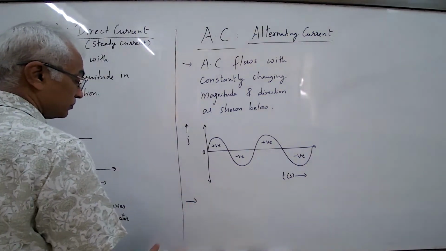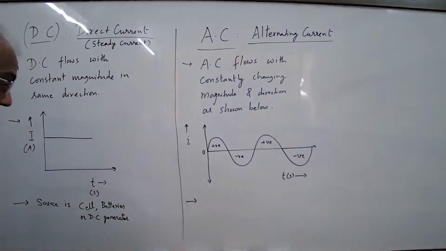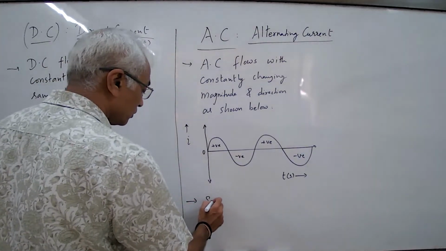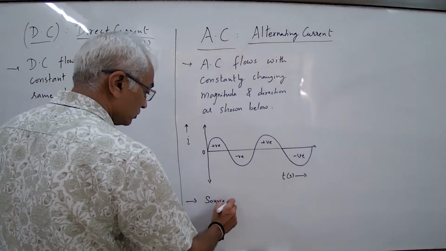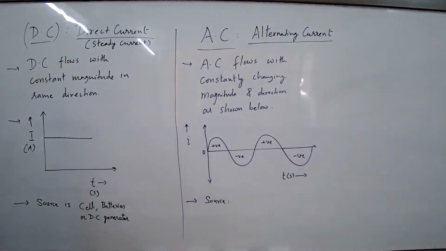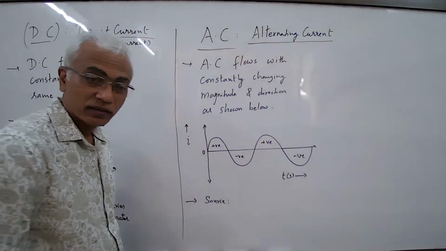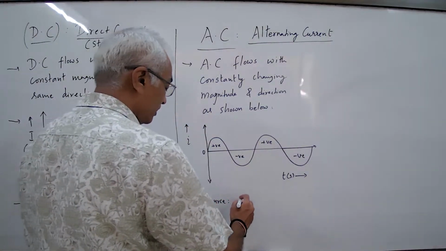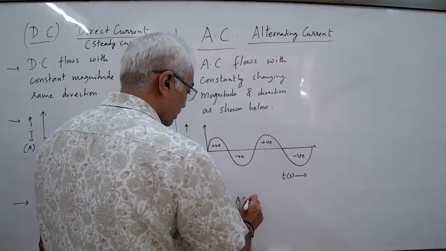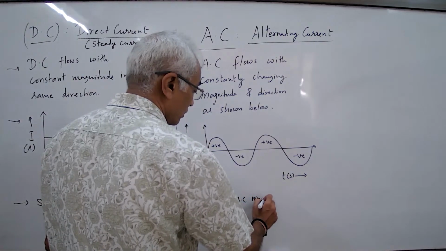And third, what else? What is the source of it? AC generators or AC mains, as I said. At your home, the supply is AC. So how is the magnitude changing in AC current?